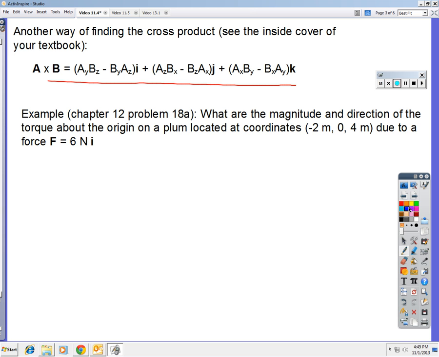Well, so we have torque equals r cross F, and that's going to be the y component of r times the z component of F minus the y component of F times the z component of r. That's i hat. I'm not going to say the rest of this, I'm just going to write it. Make sure you get the order right.